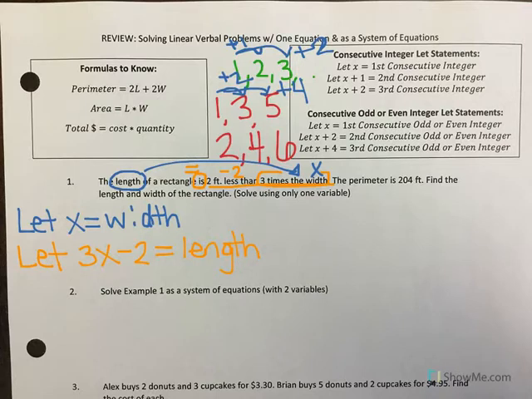And our equation comes from this next sentence where it says that the perimeter is 204 feet. Well, we know the perimeter formula is perimeter equals 2L plus 2W. So if we use that, we're going to start off with the fact that the perimeter is 204 feet, so we'll have 204 equals 2 times the length, which we know the length is 3x minus 2.